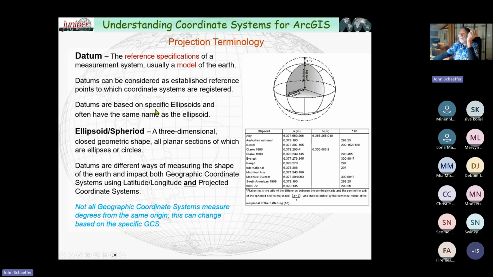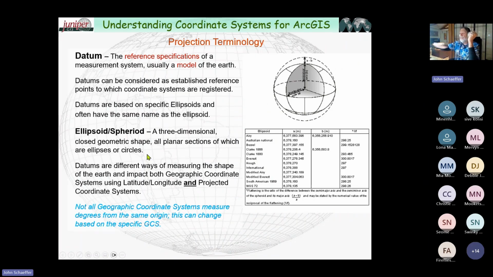Datums are based on specific ellipsoids and often have the same name as the ellipsoid. Now, an ellipsoid or spheroid, took me a while to realize these are really the same word, okay? It's a 3-dimensional closed geometric shape, kind of like you see up here, all planar sections of which are circles or ellipses.